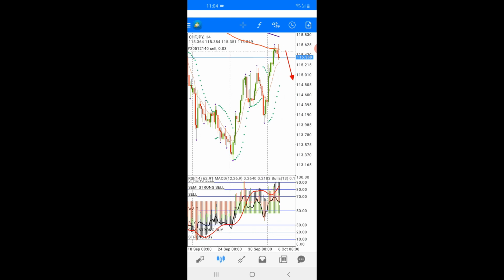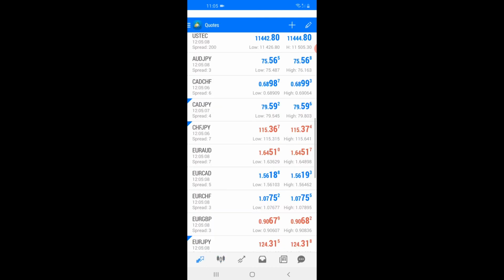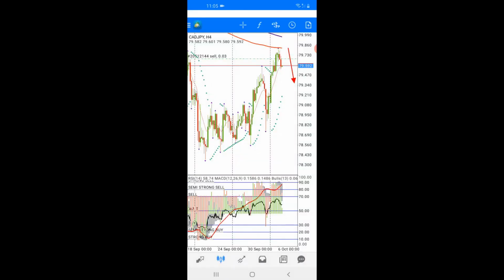None of these candlesticks closed successfully above the 300 moving average. Likewise, in the previous ones I've been showing you, CAD JPY, the same thing played out in this place after this candlestick tested the 300 moving average.